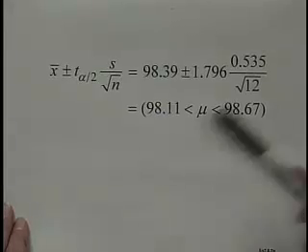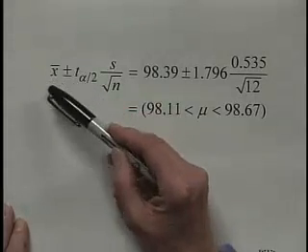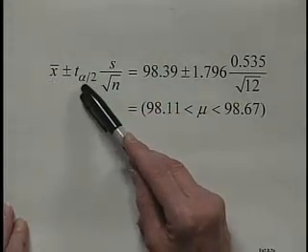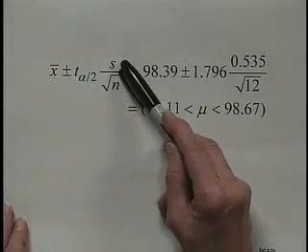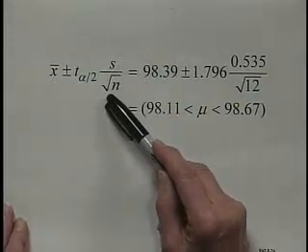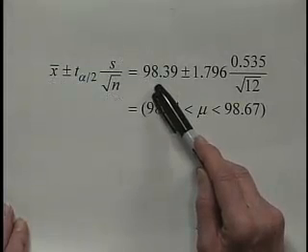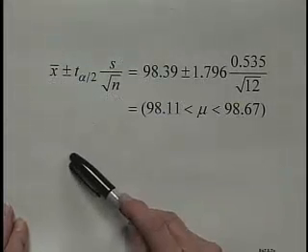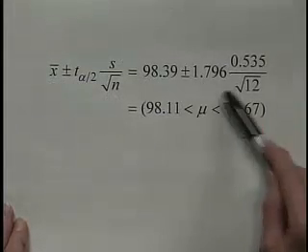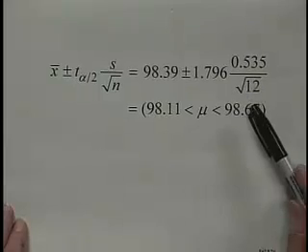Let us visit the same example, this time using the confidence interval method. As you recall, we're going to take x bar plus or minus t alpha over 2 times the standard deviation of the sample divided by the square root of n. This is going to be 98.39 plus or minus, because we're going to add and subtract the margin of error to both ends of the interval.